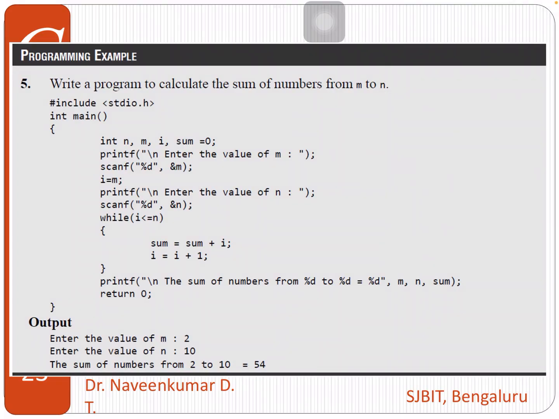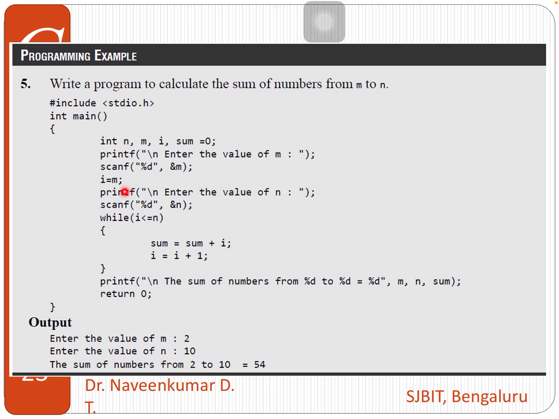So this is an example to understand the working of the while loop. Here I am writing a program to calculate the sum of numbers from m to n. I have declared n, m, i, and sum equal to 0 as integer variables. When this line is executed, it will ask to enter the value of m. If I enter 2, it is stored in m. Then i is equal to m.